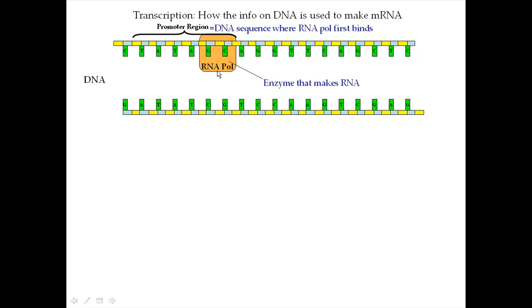After RNA polymerase has found the promoter region on a DNA molecule, and after it's bound to it, now it can start reading the information on the DNA in order to make RNA out of it. Basically it goes down the DNA molecule and helps the complementary RNA nucleotides attach. If you remember, what's complementary to a G is a C, so it helps that attach.